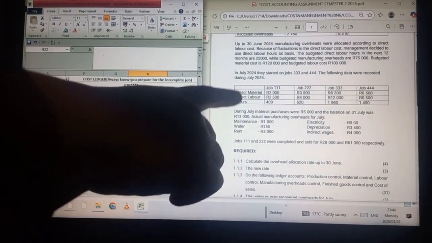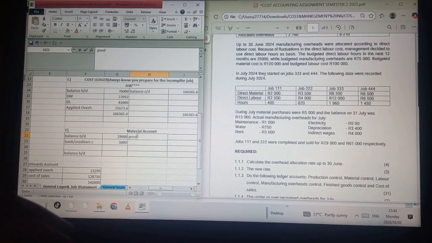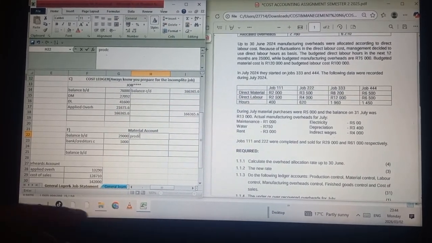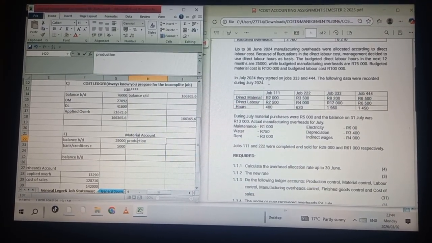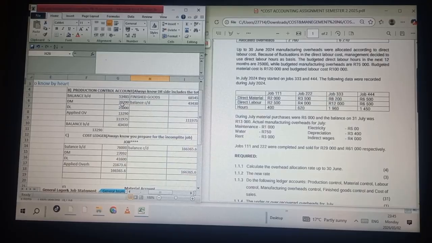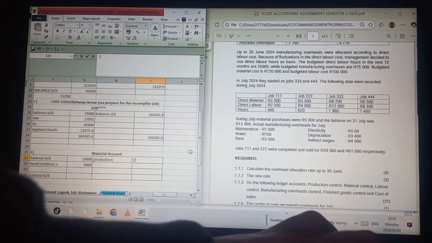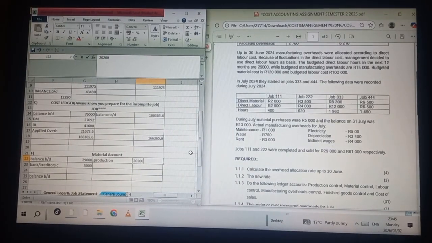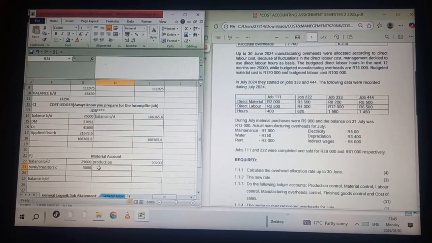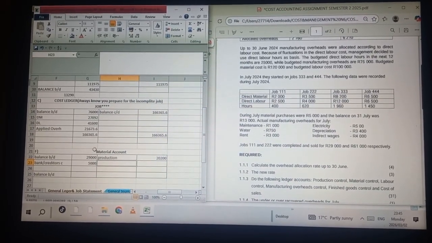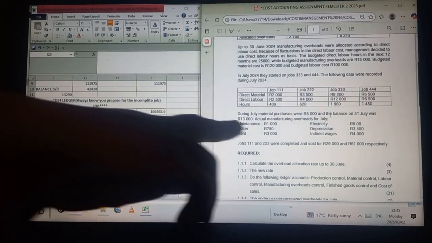So production, guys, we already calculated our direct material is 20,200. So now 20,200 goes to production. And then now the bigger side, they told us that the balance is 13,000.